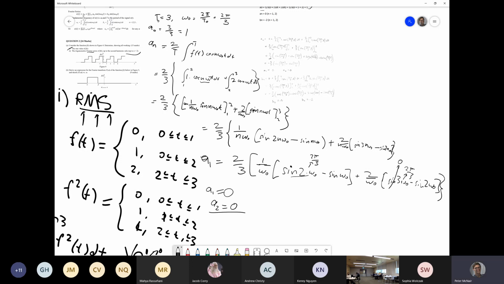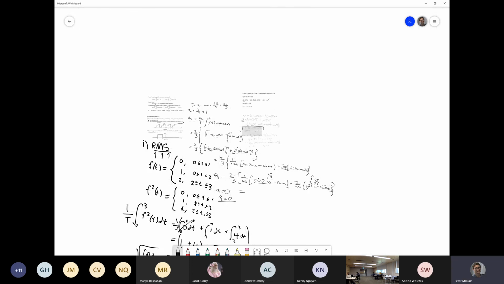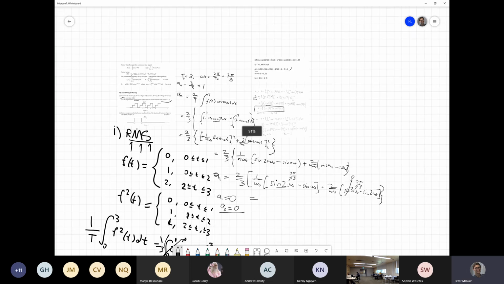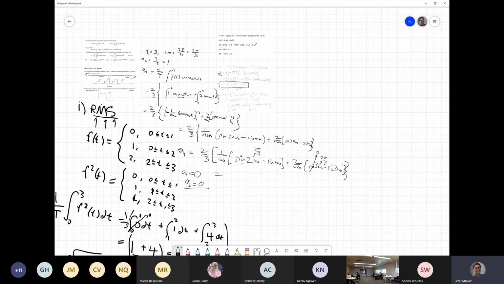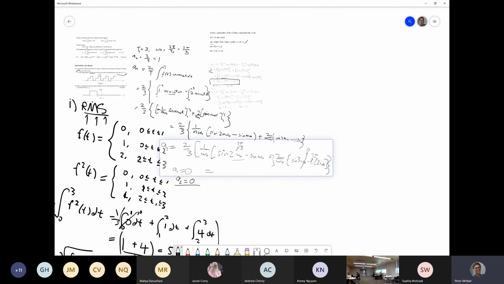So we should be able to simplify this down to get an expression like this, but I think with some extra pi on n's, because it seems it's not been divided through by 3 on 2 pi. Cool. Okay, so that's AN.